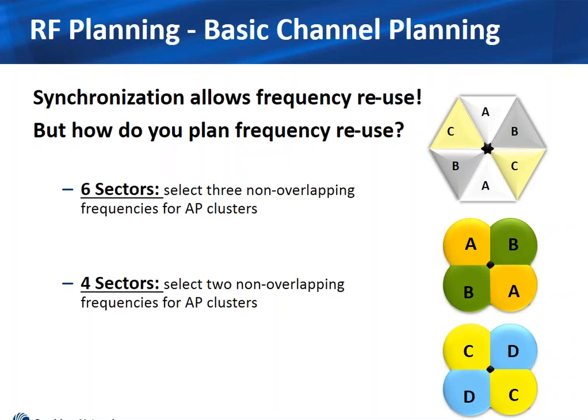Add in that synchronization, and you're back to the spec sheet type of performance and the efficiencies that the radios are capable of. And there are different configurations. There are 4-sector solutions. There are 6-sector solutions. But this is what we're talking about when we say synchronization helps ease the network growth and be very efficient with spectrum usage.